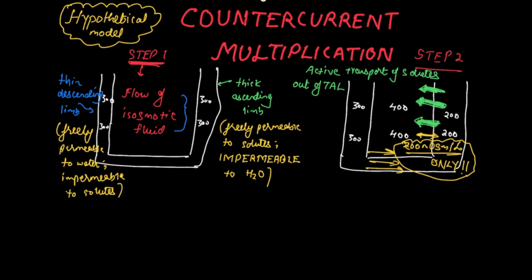Now, step 3 is dealing with the thin descending limb. In step 3, the thin descending limb does its function. So it equilibrates with the medullary interstitium.